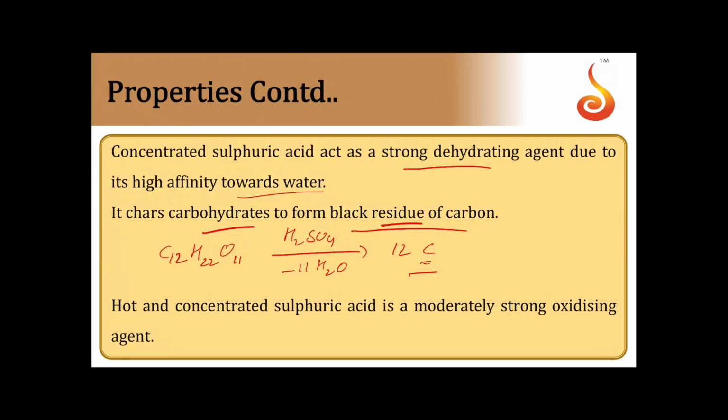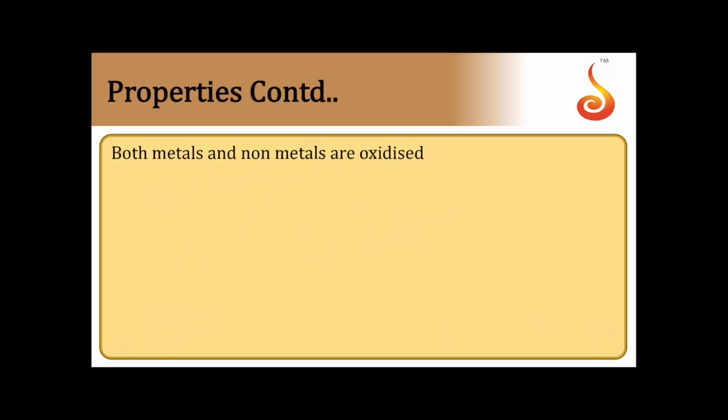It chars the carbohydrates. Hot concentrated sulfuric acid is a moderately strong oxidizing agent, so both metals and nonmetals are oxidized by it.